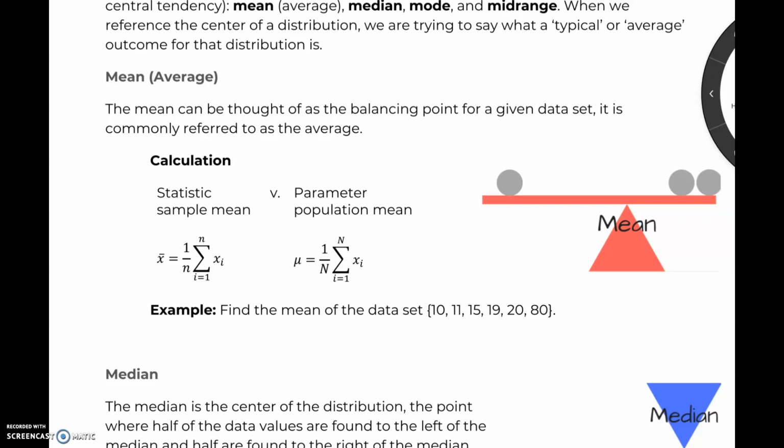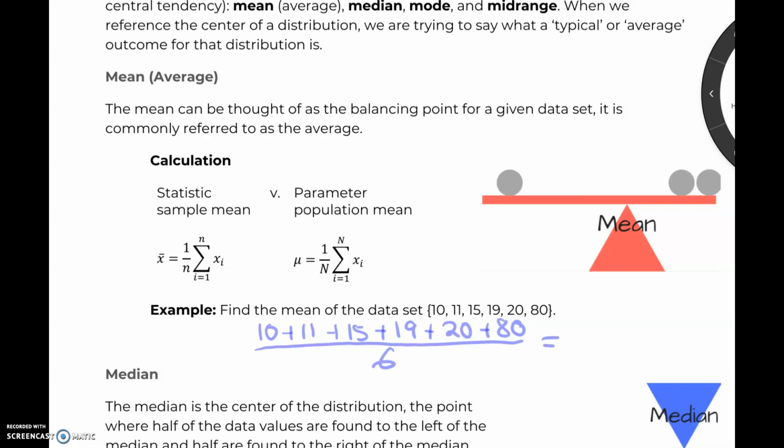So if we're doing an example over here, to find the mean of our data set of 10, 11, 15, 19, 20, and 80, we simply add up these values and then divide by how many values we have. So we're going to divide by 6.